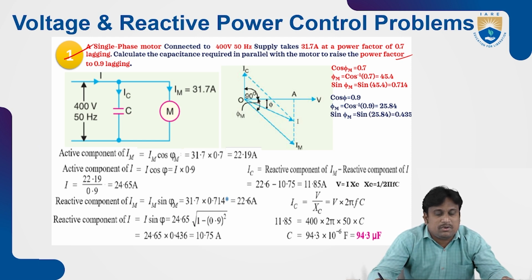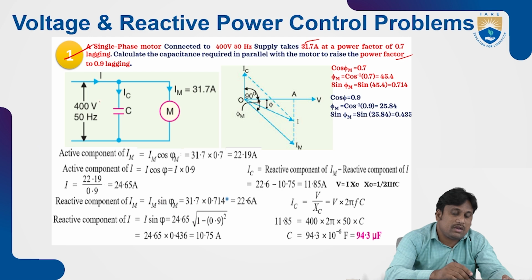So here the problem is given for a single phase motor connected to 400 volts at a frequency of 50 Hz. The supply takes 31.7 amps of current and the power factor is 0.7 lagging. We need to calculate the capacitance required in parallel with the motor to raise the power factor to 0.9 lag.